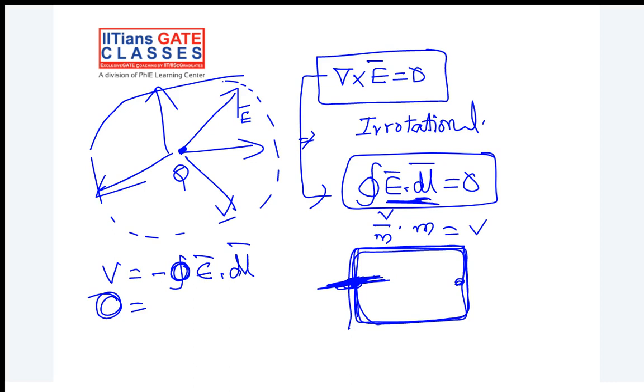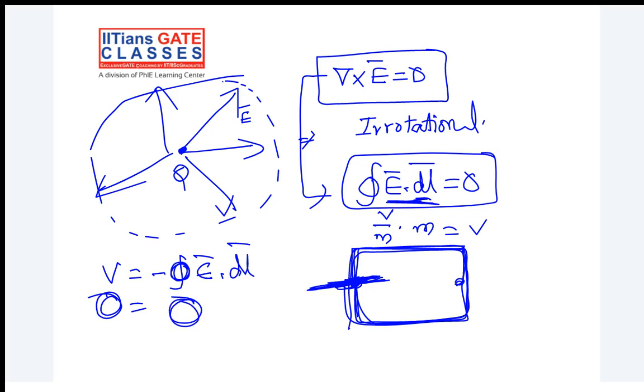That is the reason why the potential becomes 0, because both correspond to the same potential, so the difference will be 0 when you move in that way.